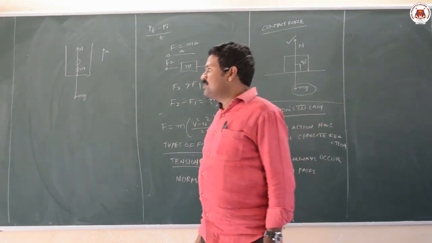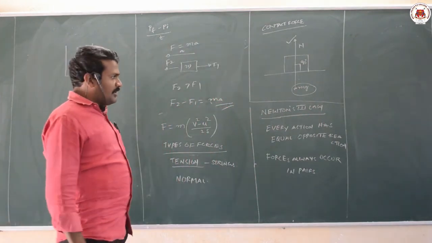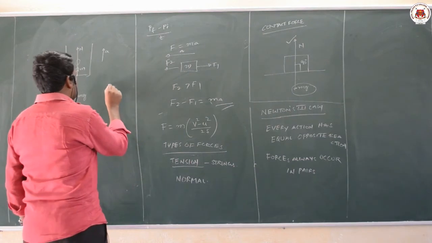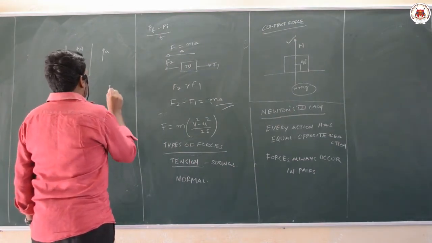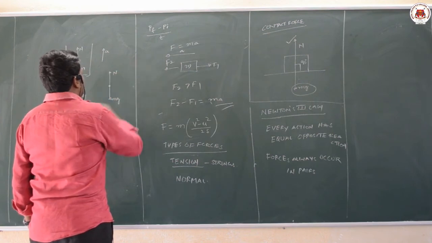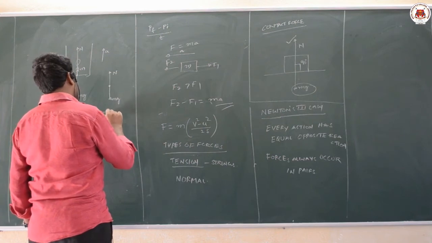That means here two forces are acting on the body. If you isolate the body from the system and write the forces on the body, that is mg and N. This type of diagram is called a free body diagram.